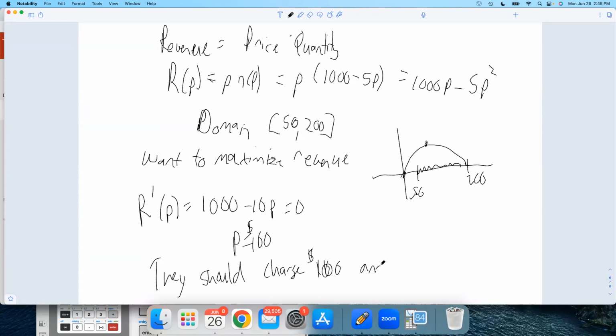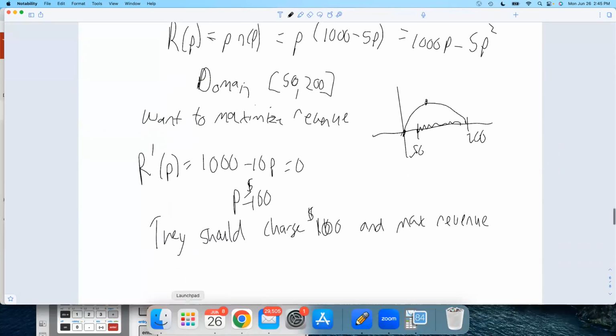And the max revenue, the actual value of it, is whatever we get when we plug that back in. R of 100. I mean, we can just do this in our calculator here.